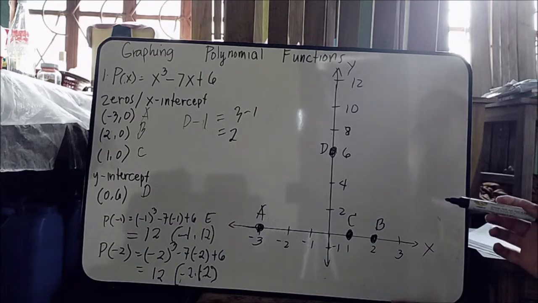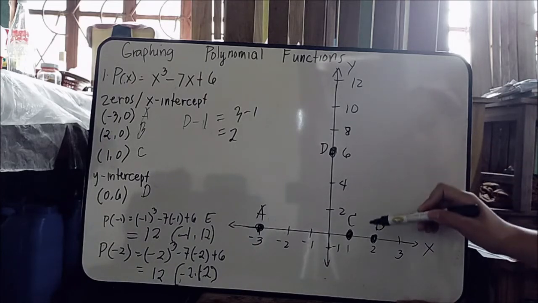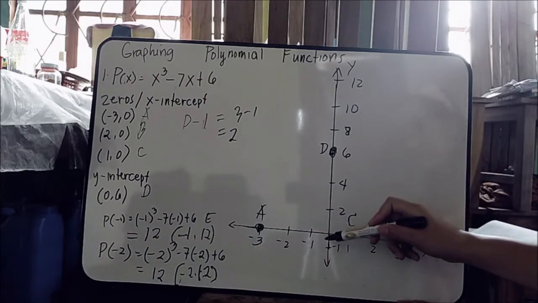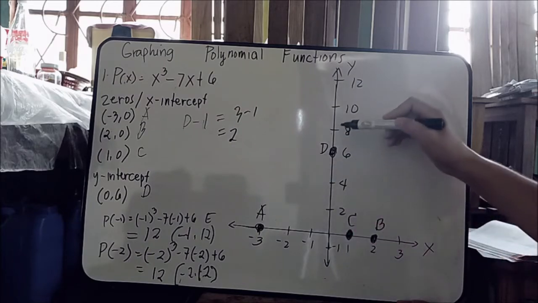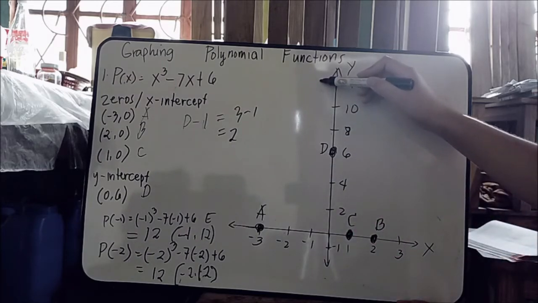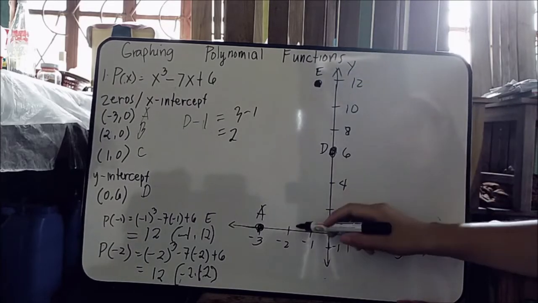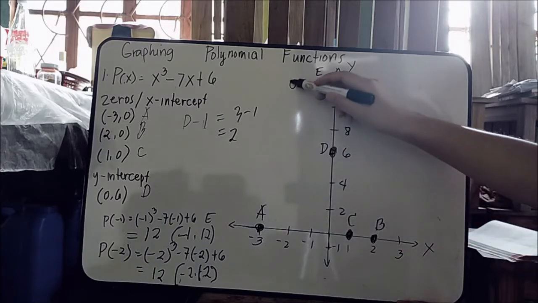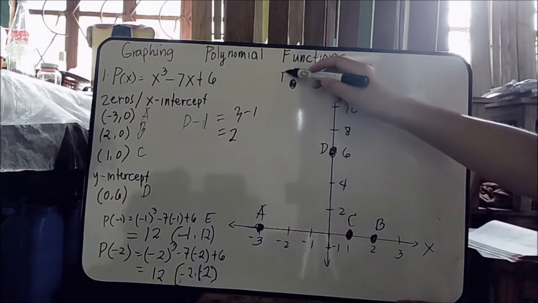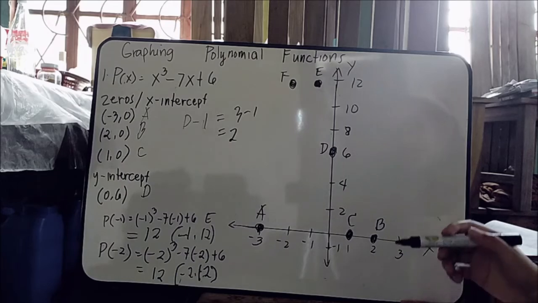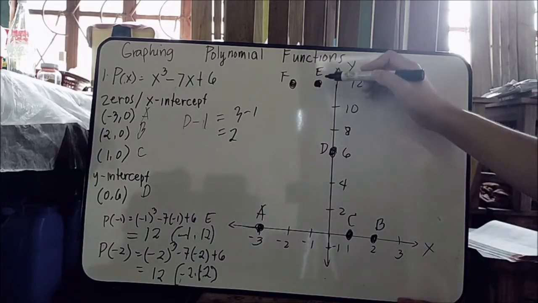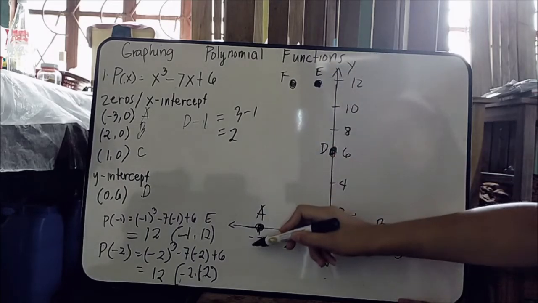Okay. So plot the points now. We have negative 1, 12. So here. So that is E. And negative 2, 12 here. So that is F. Okay. So connecting now the points we have, let's start with this portion.